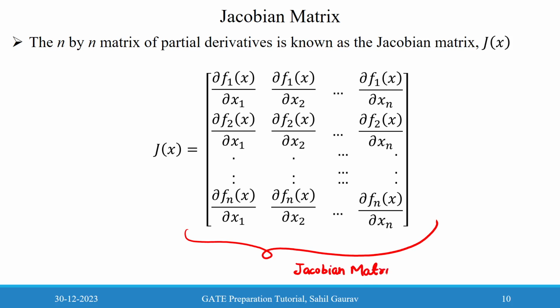You have to keep this in mind. This is very important for the GATE exam. For the Newton-Raphson method, most of the questions have been asked from the Jacobian matrix part only.